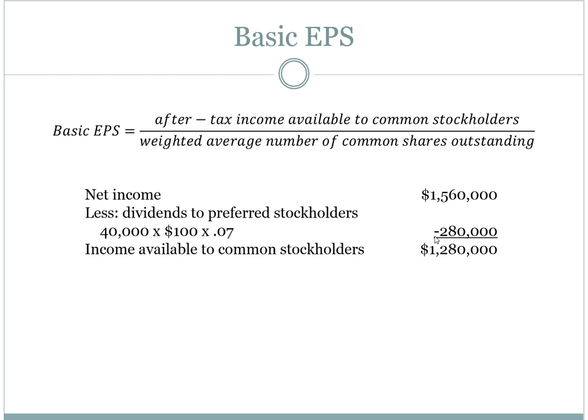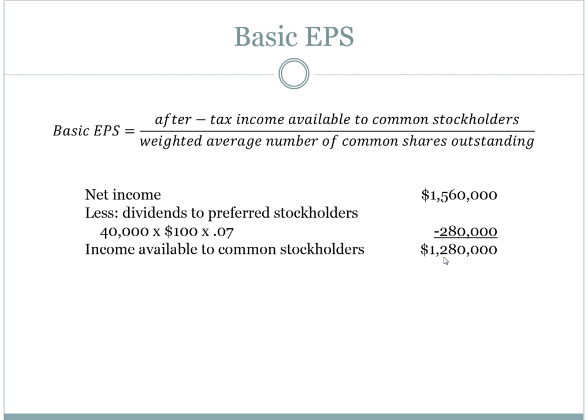So out of the $350,000 in dividends that we paid, in total 280,000 went to the preferred stockholders. That's just number of shares times their par value times the dividend rate, in this case 280,000. That leaves us with income available to the common stockholders of $1,280,000.